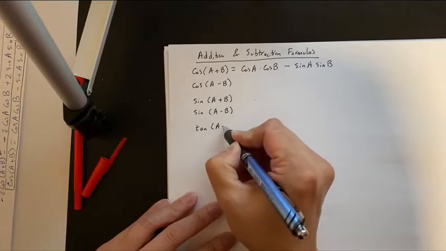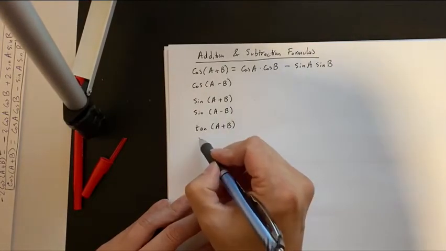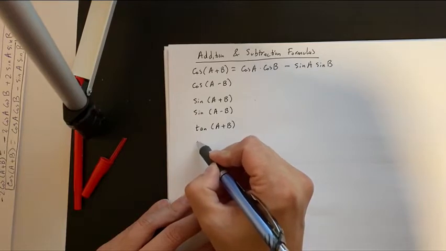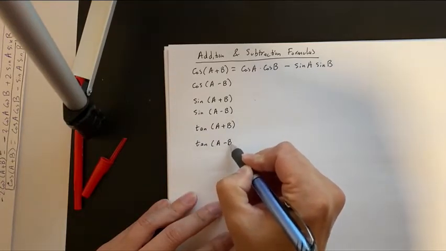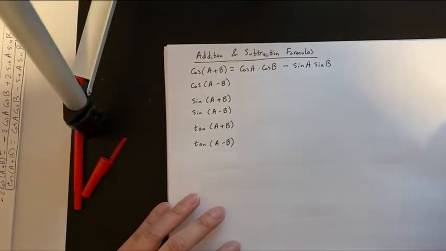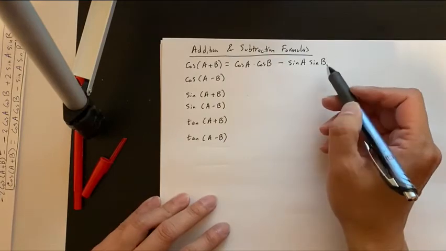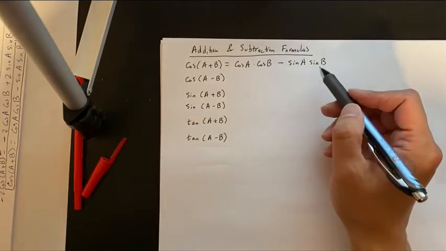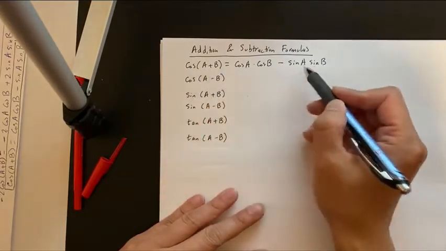Tangent for A plus B. All right, then we'll figure out what tangent of A minus B is. Okay, and it really comes from this single trig identity where we use geometry and a few trig identities to help us out.